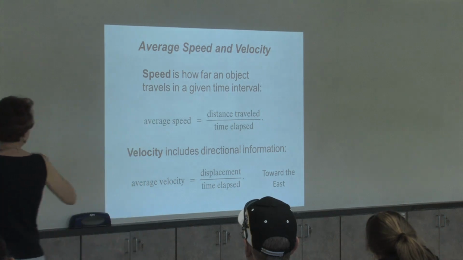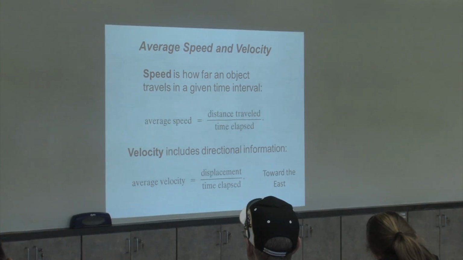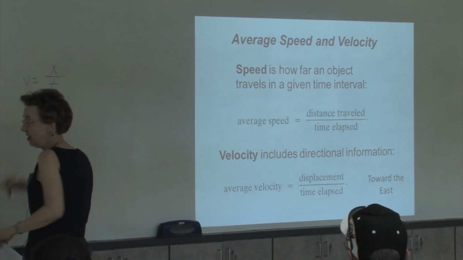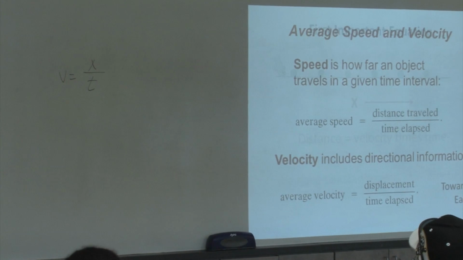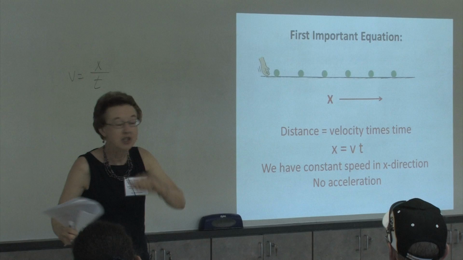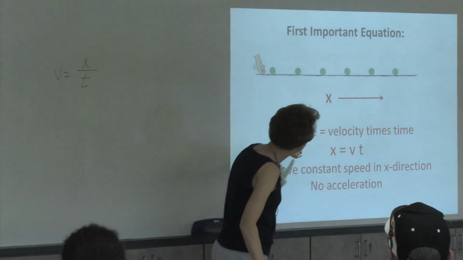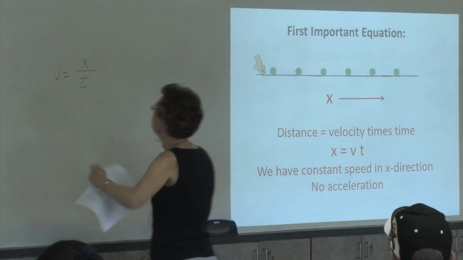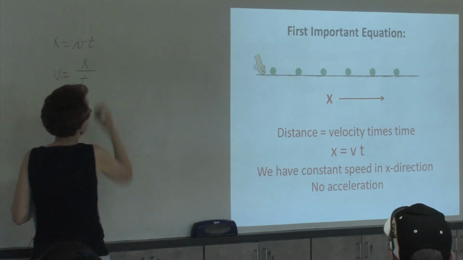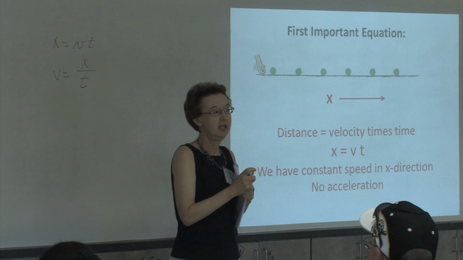So let's just say velocity is equal to distance over time, and I'm going to use x for distance. So the first important equation that you're going to use in solving the crime is this one here: distance is velocity times time.